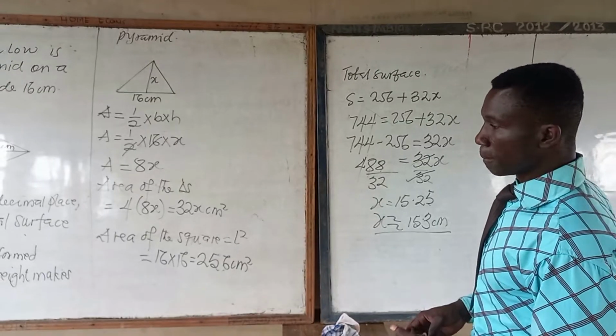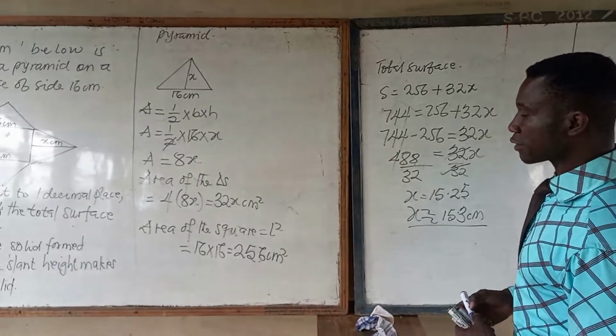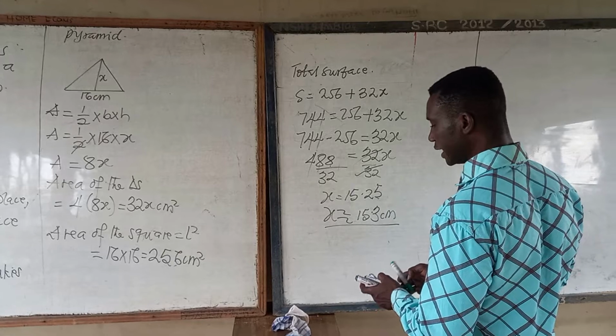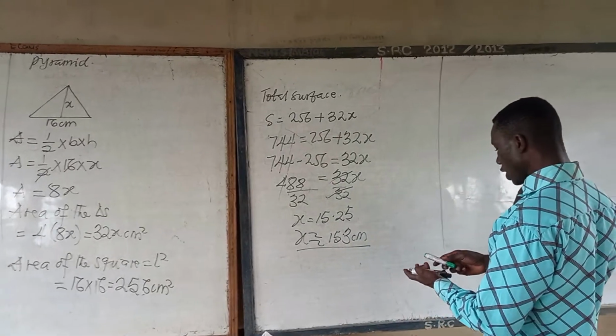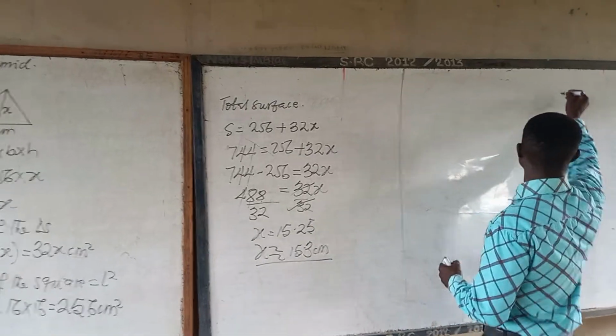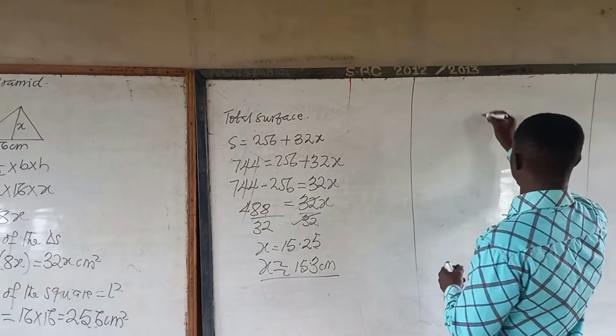Now, B asks for the height of the solid form. What is the type of the solid form? The type of the solid form is a pyramid. So let's draw a pyramid with a square base.